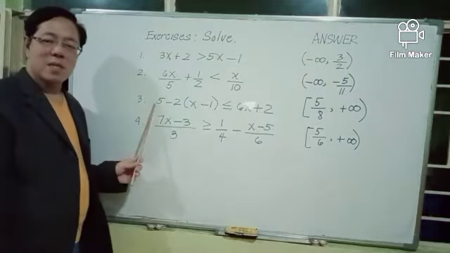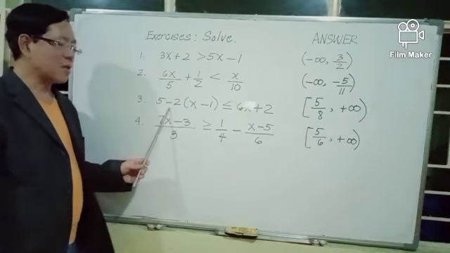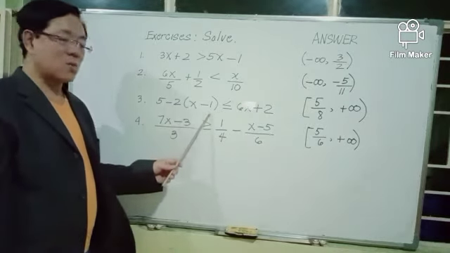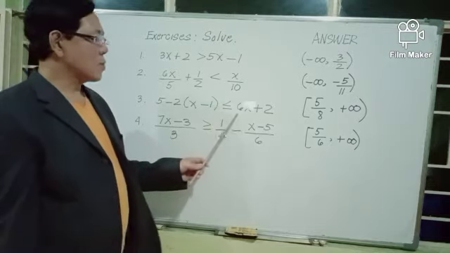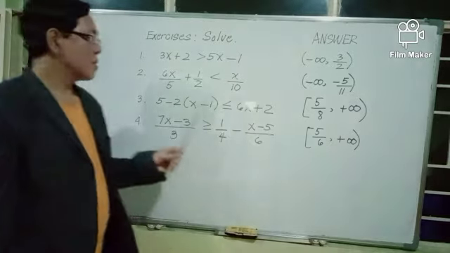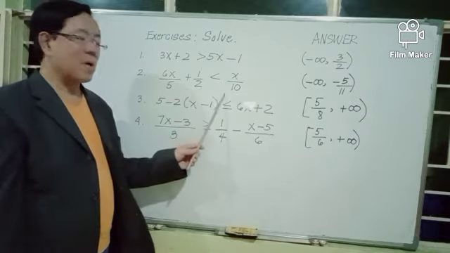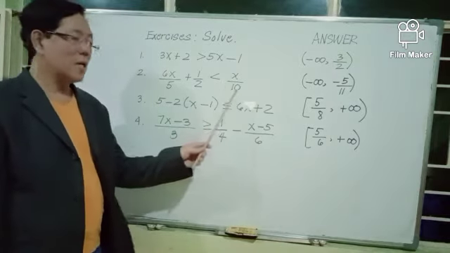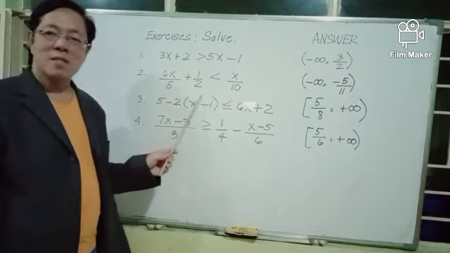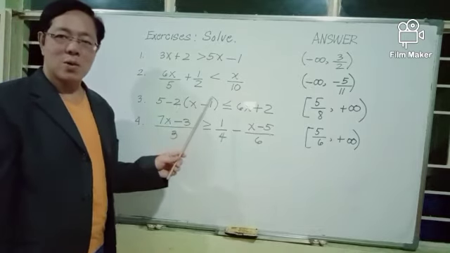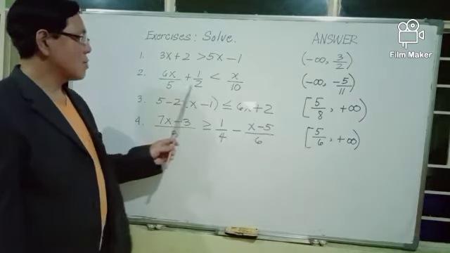Number 3, the given inequality is 5 minus 2 times quantity x minus 1 less than or equal to 6x plus 2. In number 2, you have to first eliminate the denominators by multiplying the right hand side and the left hand side by the LCD, the lowest common denominator, of 5, 2, and 10.